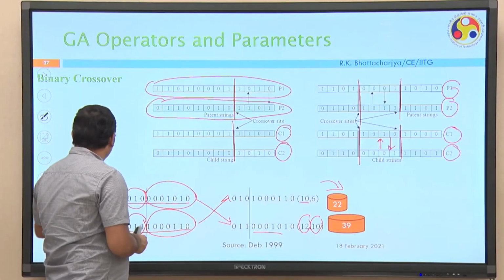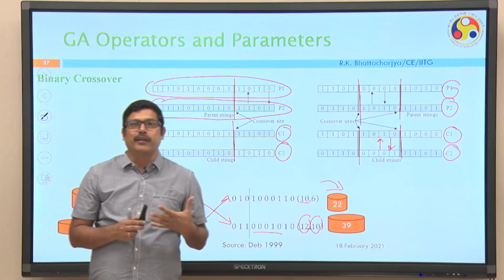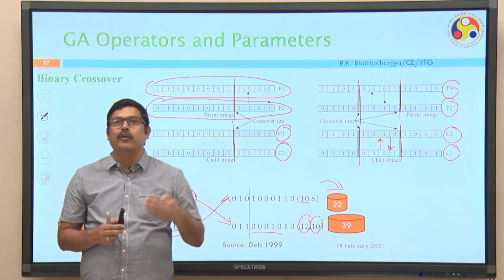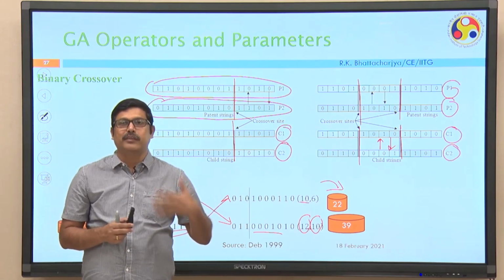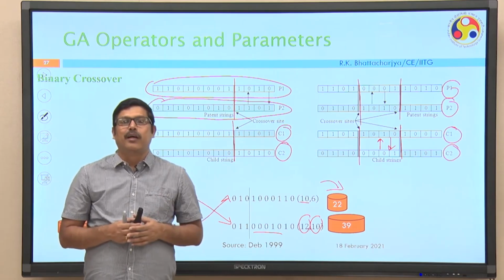Earlier the solution was 8 and 10, and now the new solution is 10 and 6. Similarly, earlier it was 14 and 6, and the new solution is 12 and 10. The children, the new offspring you are getting, are near to the parents.